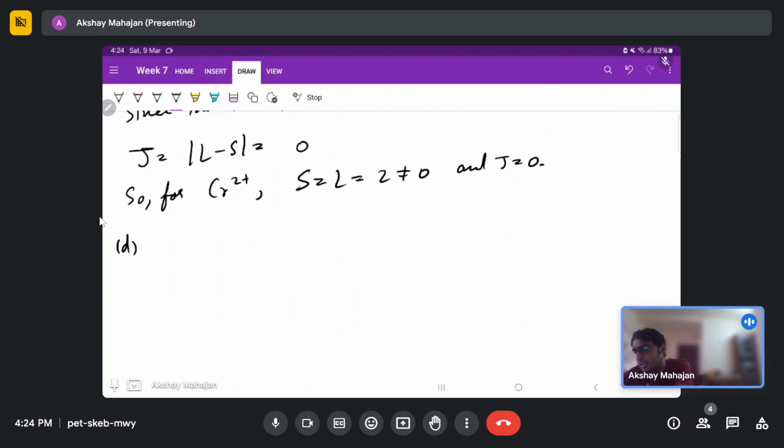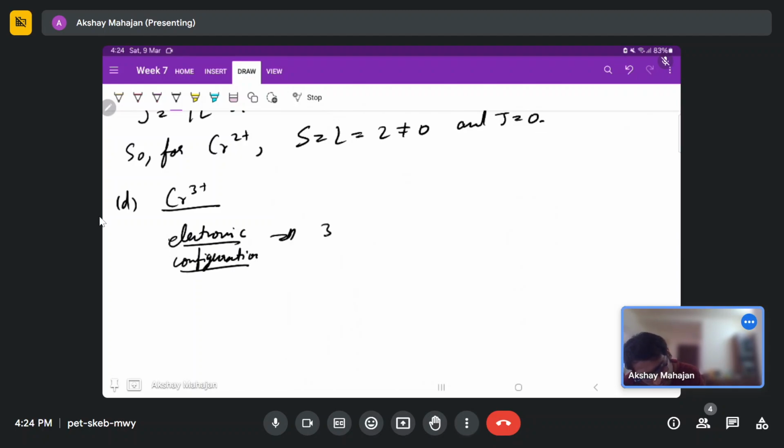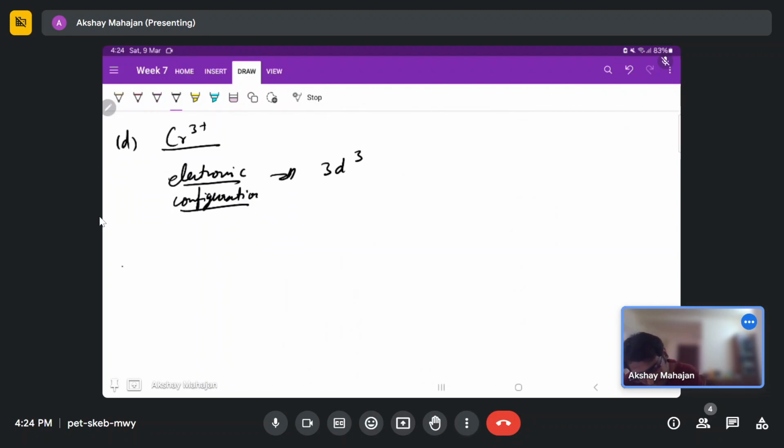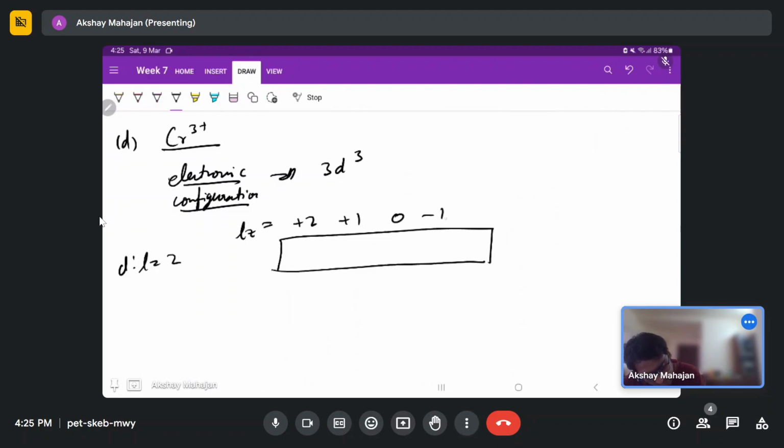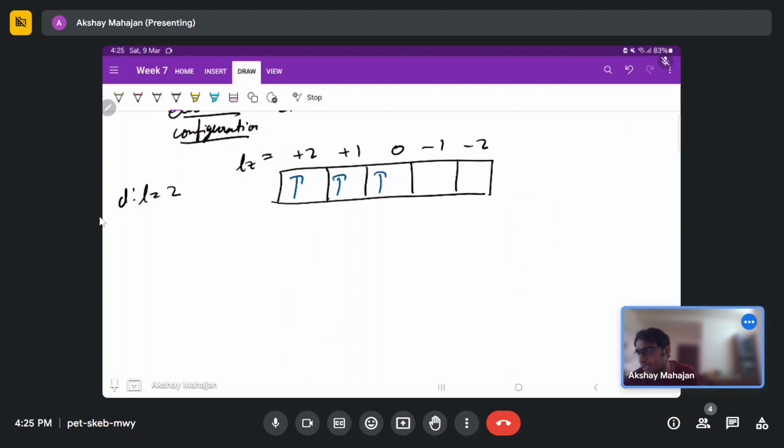Then D part. Again, D part is for chromium 3 plus. So the electronic configuration, that will be 3d3 now. So L equals to 2. Lz will be equals to plus 2, plus 1, 0, minus 1 and minus 2. And again you have to put 3 electrons or 3 spins, spin up according to Hund's first rule and second rule.